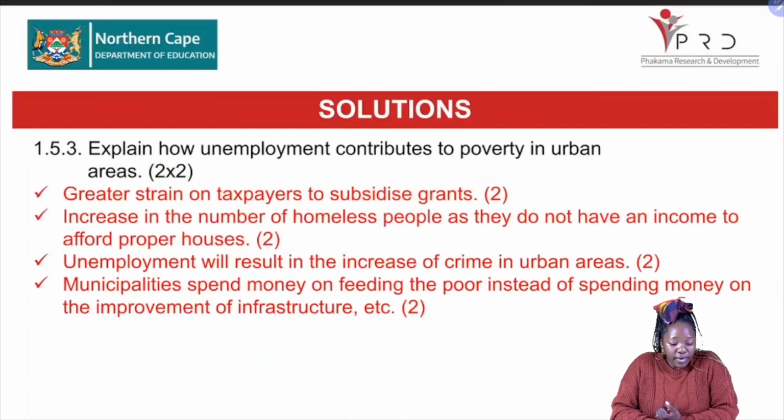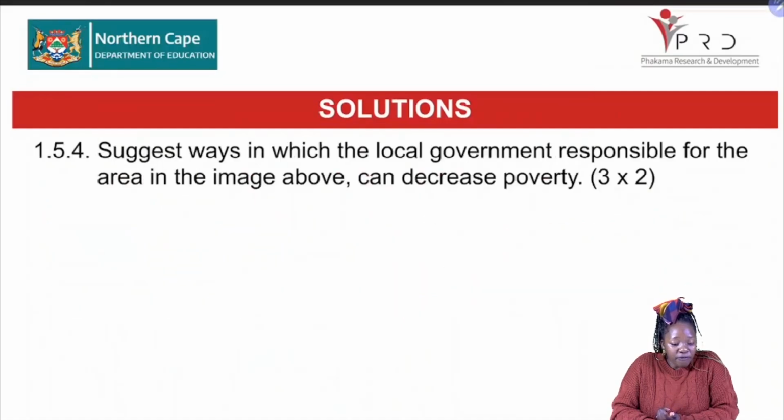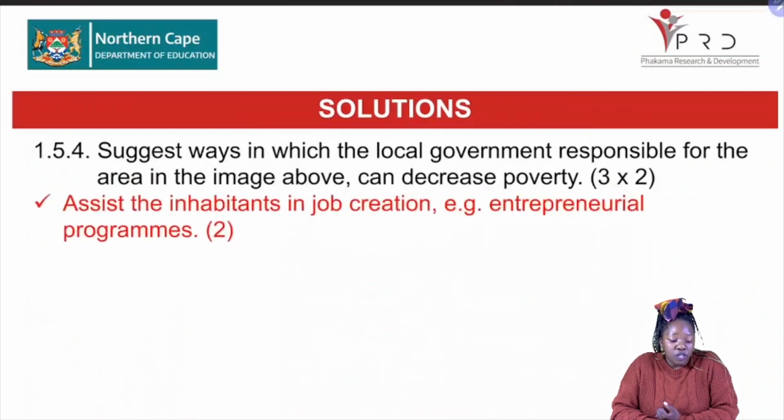Then we're looking at your 1.5.4, you suggest ways in which the government responsible for the area in the image above can decrease poverty. So obviously some of those people don't have any skill, and some don't have qualifications.